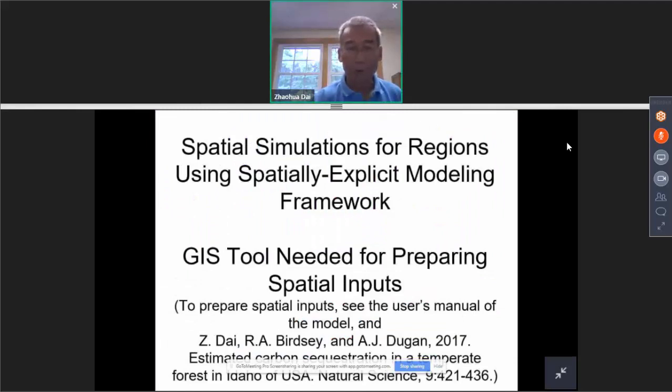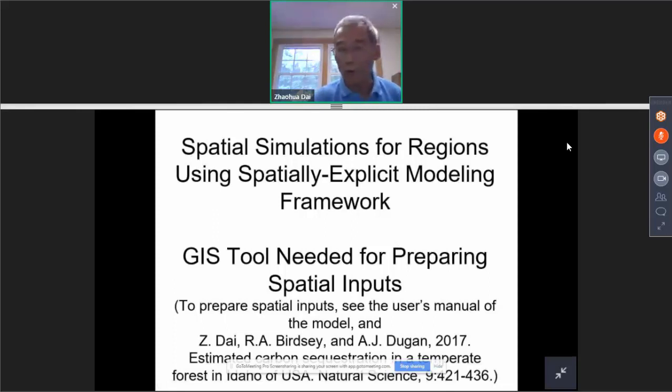Then we use this model to simulate this region, the Lhasa scene. For this, we need inputs, and we need GIS tools to help prepare them, because the area is too large and it is very difficult to use observed environmental parameters.